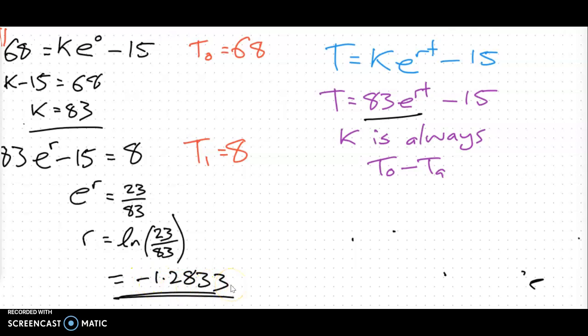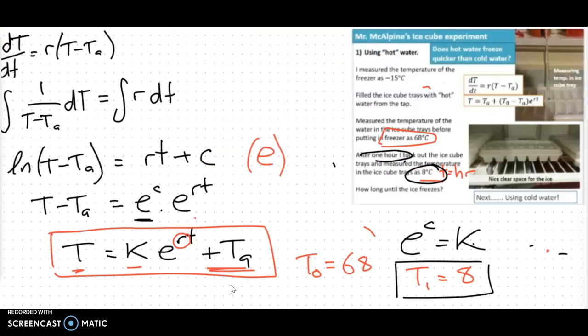It's worth noting now that you could have started off with the differential equation having a negative here to denote that the temperature is decreasing. So r already has a negative in front of it, and you'd have negative r all the way along here and negative r here.